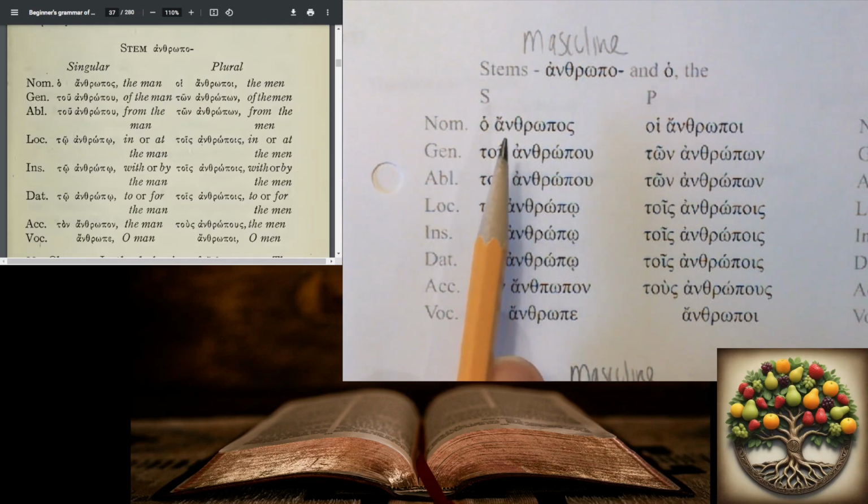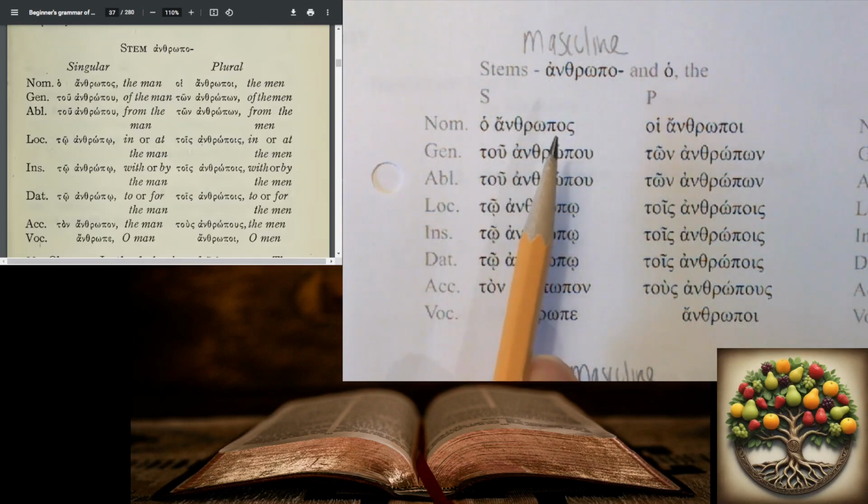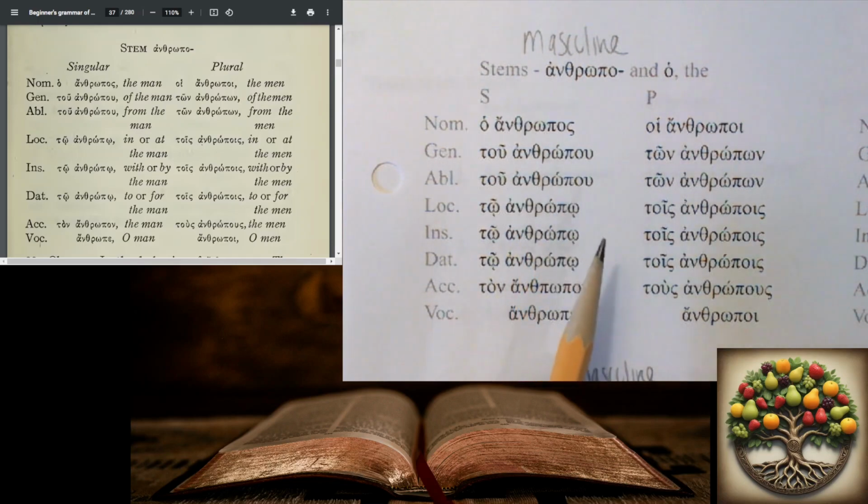So the acute accent stands on the antepenult in the nominative singular. The ending os is considered short. When we are putting this word into different cases, for example, in the genitive case, we now have a diphthong, and that is considered long.